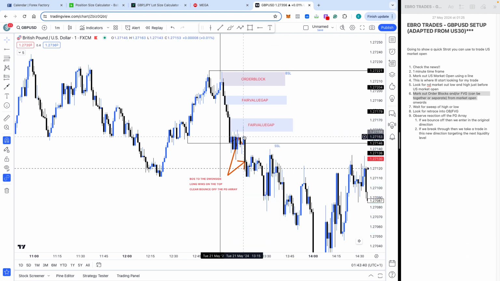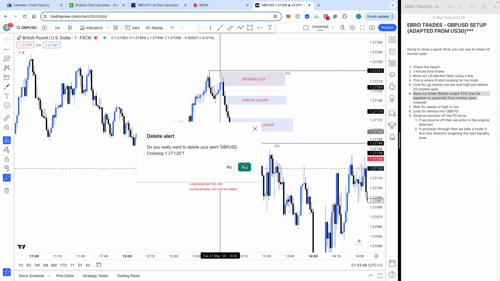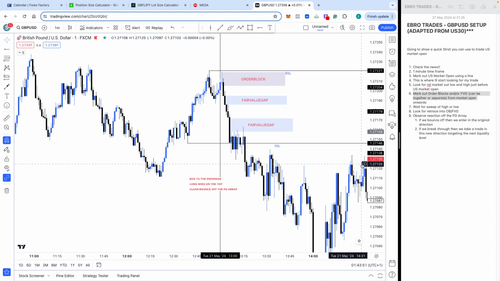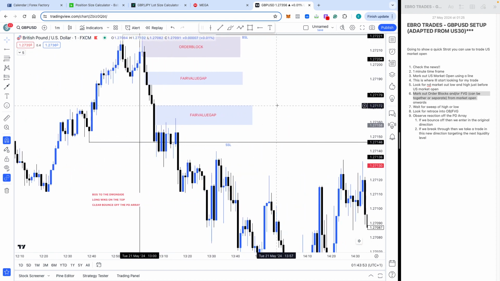And so let me just get rid of these arrows and this price alert so I don't confuse you guys. And then you can see quite clearly we've got a bunch of candles here that are a little bit confusing.